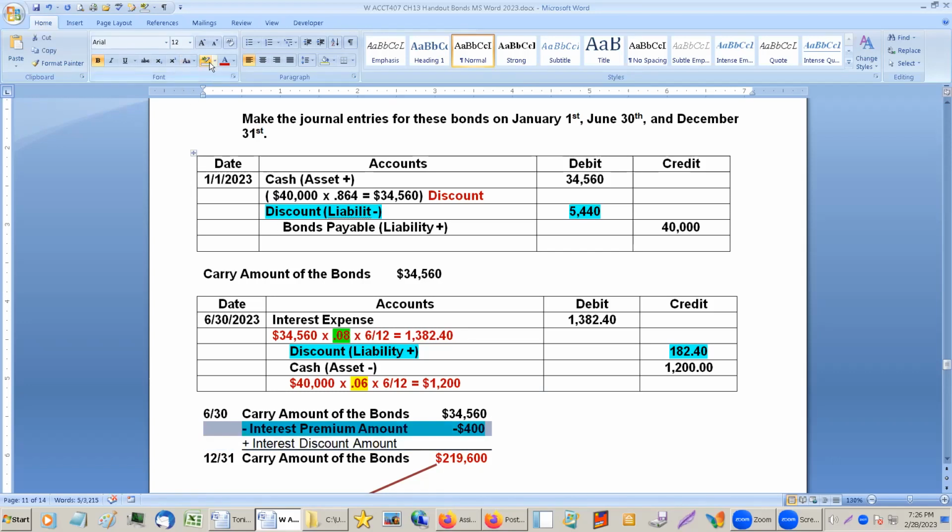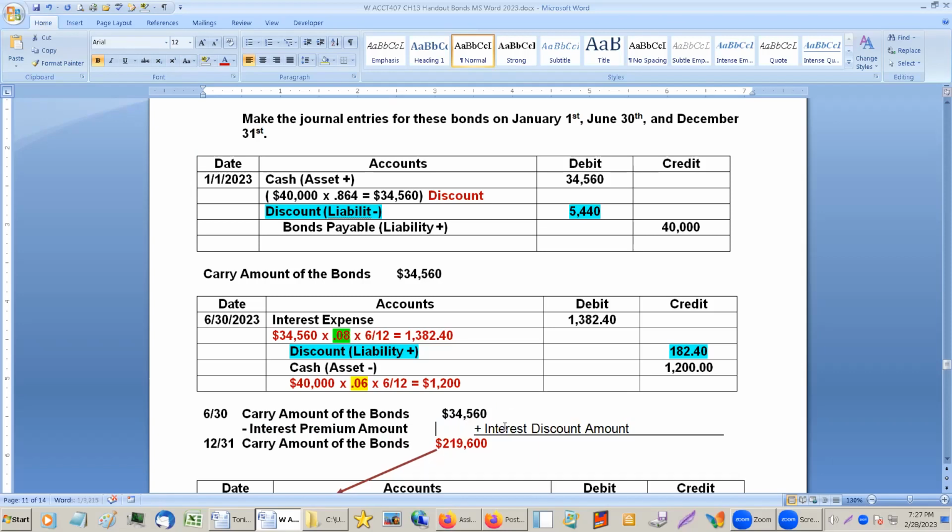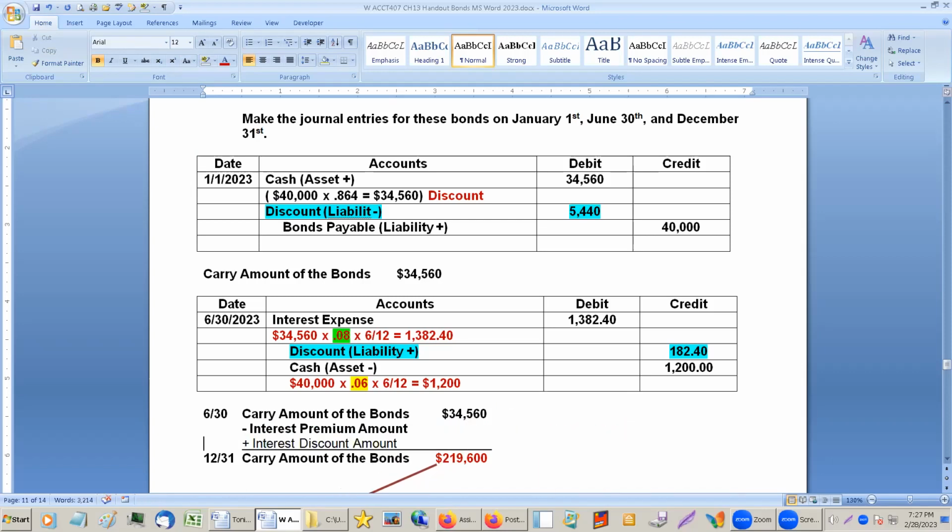So I'm going to get rid of that. What we do have is a discount, and we're going to add that in. We now owe more. We owe $182.40 more.